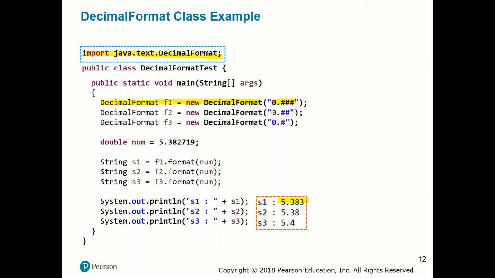If we put 2 pound signs, then it will print out like this. And if I put 1 pound sign, then the output is like this. So this is very important in using DecimalFormat. And then we use this object to call the format method, and then we can have this result.